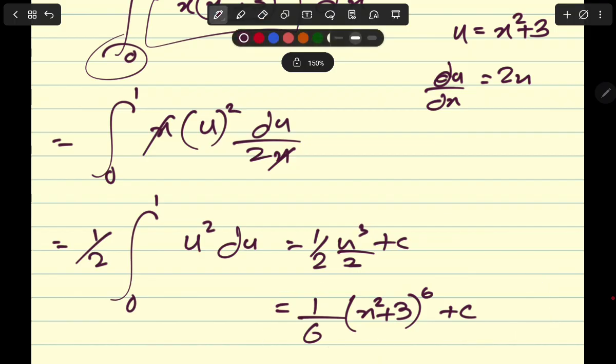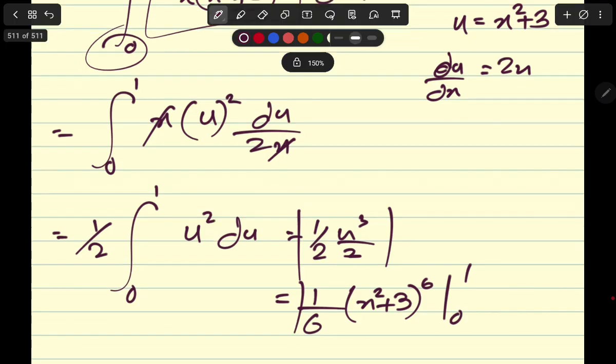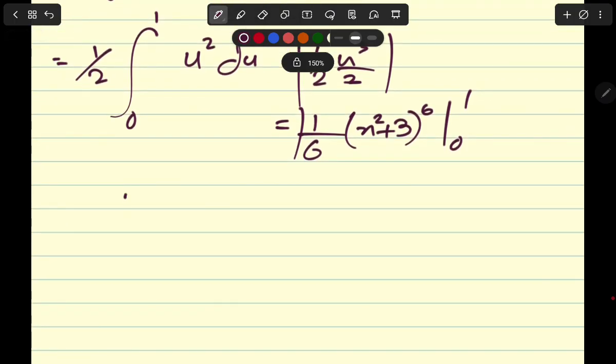However, we are not going to put a plus c here because we are going to put our limits 0 and 1, right? So now I'm going to put 0 and 1 here the way you used to do in your AS level. I can take this 1 upon 6 outside of this modulus. So this is going to become 1 upon 6. And now I'm going to put the limits. So 1 plus 3 is 4. 4 to the power of 6?